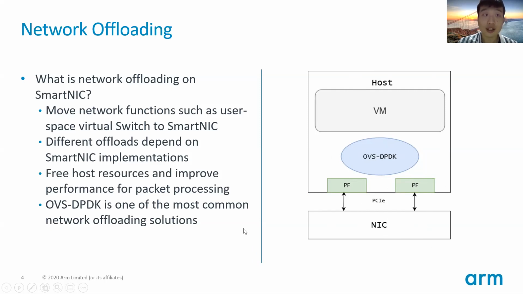The offloading on SmartNIC is to move the network functions, such as the user space virtual switch, to the SmartNIC. And what is going to be offloaded to the SmartNIC depends on the different SmartNIC implementations.